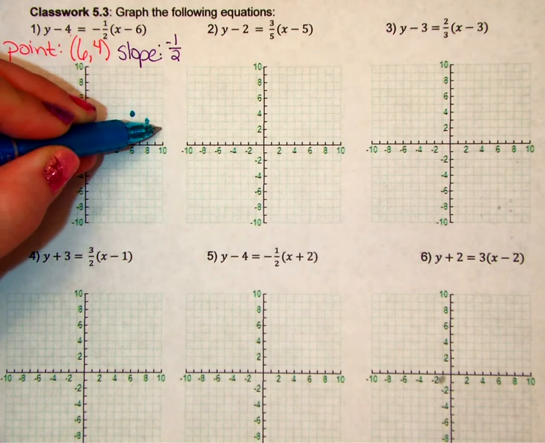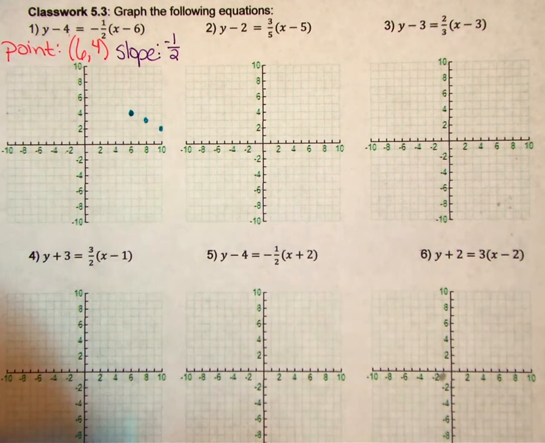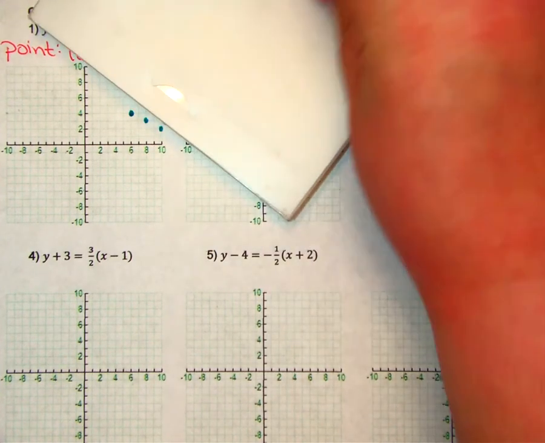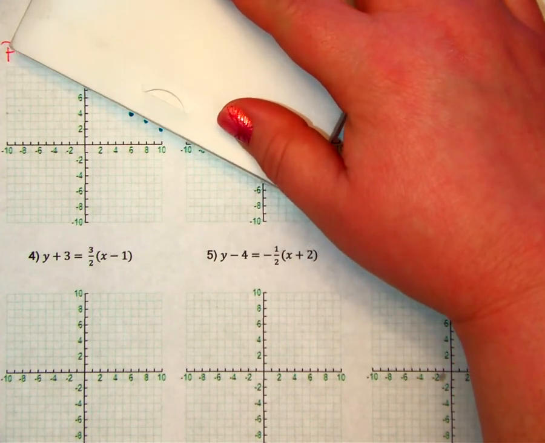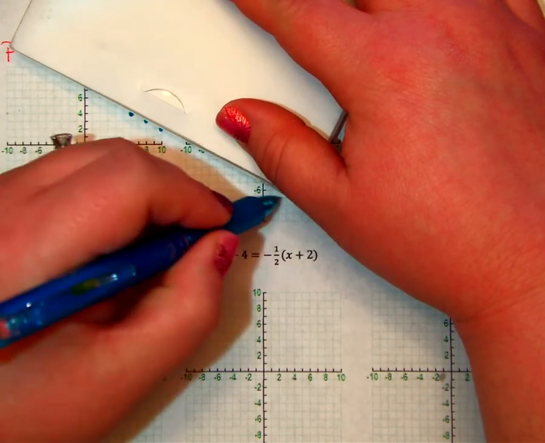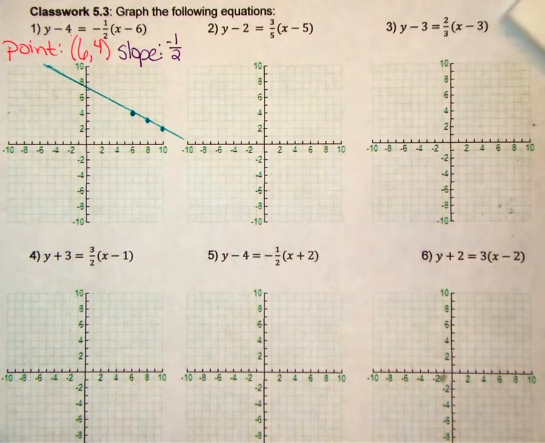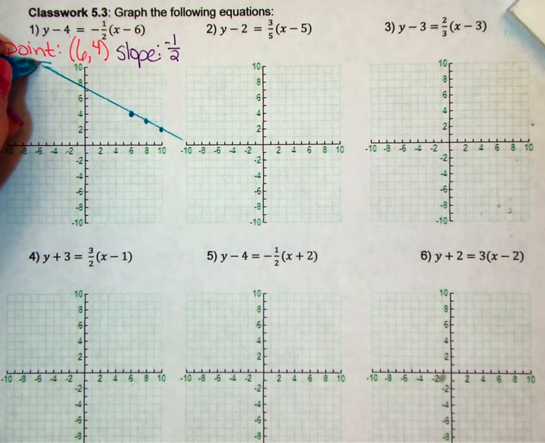Down 1, right 2. And then I'm going to connect those dots. All the way across the graph, end it with arrows.